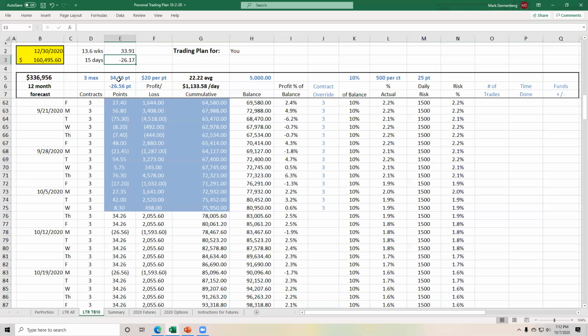Now, here's the most important thing you do. You plug those numbers into E5 and E6. And we're going to simply put in 33.91, and we're going to put in minus 26.17.